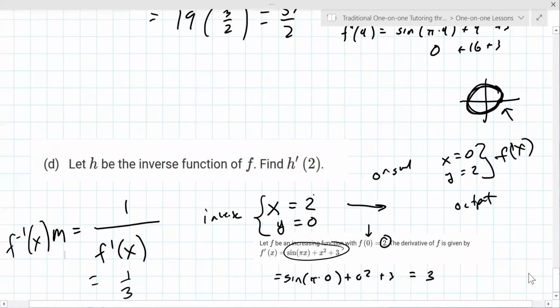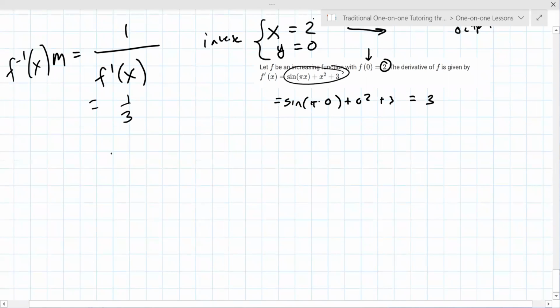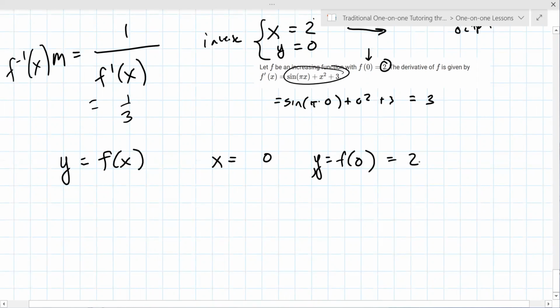But maybe the notation is important here. Do you want me to go through the notation correctly? Okay, so f of x is a function. X equals 0, f of 0, which is y, because y equals f of x, is 2. That's all given. H is f inverse of x.